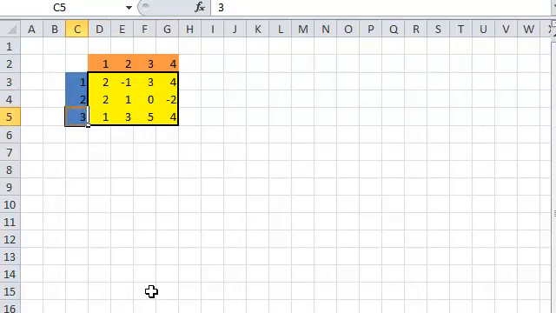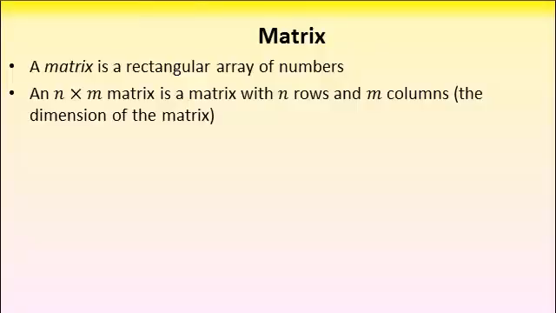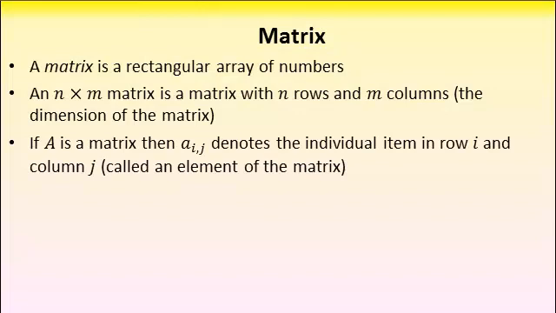We need a method to refer to the particular numbers inside the matrix. And a common convention is the following. If I have a matrix which I call capital A, then the elements inside the matrix may be called using the symbol small a with 2 subscripts, i and j.